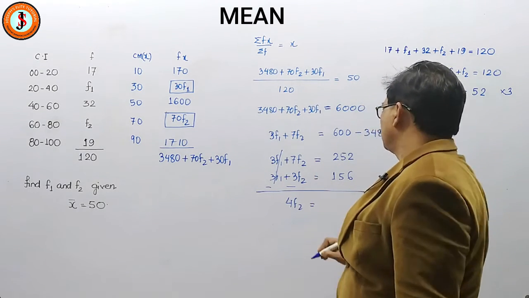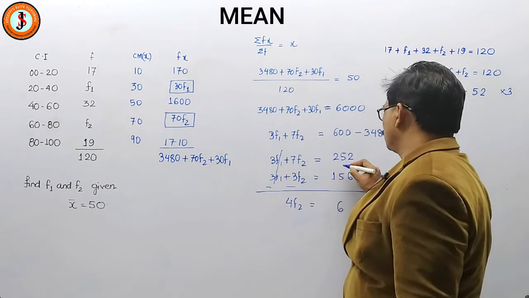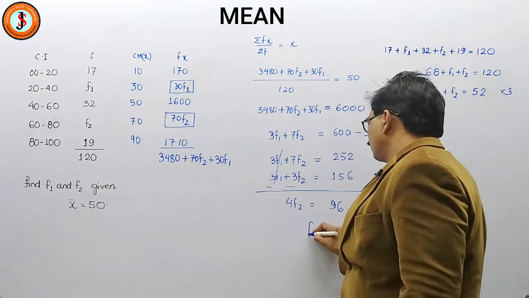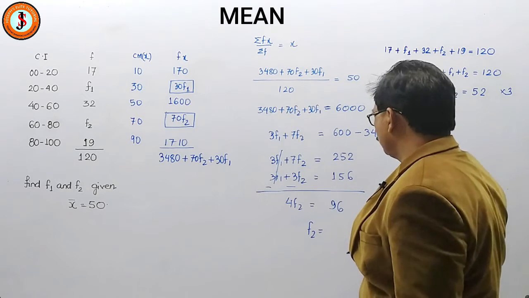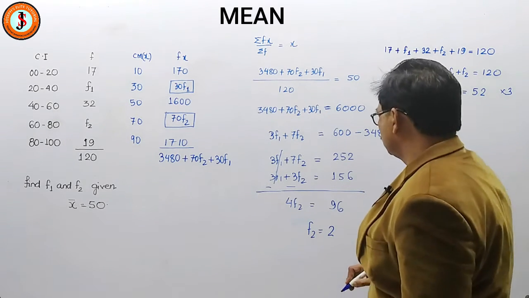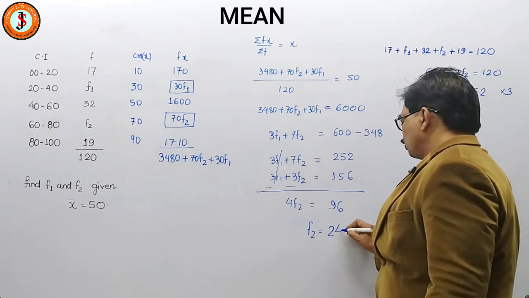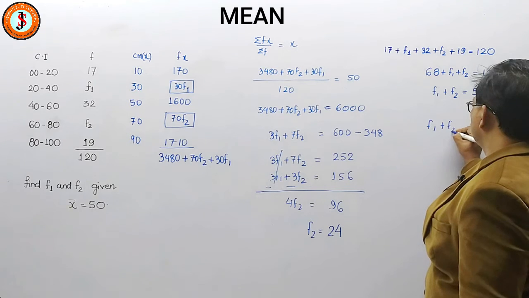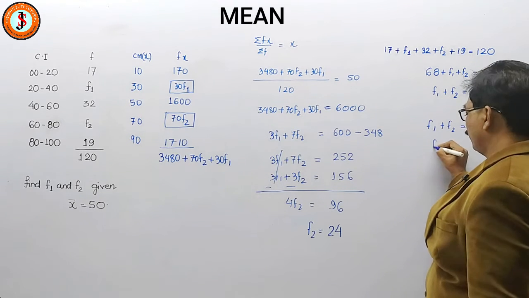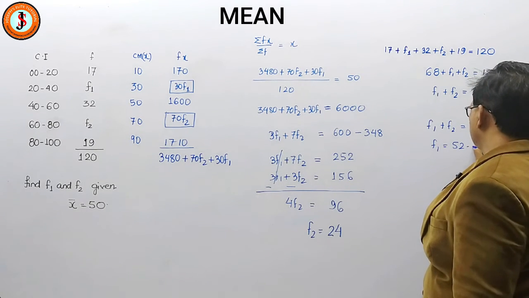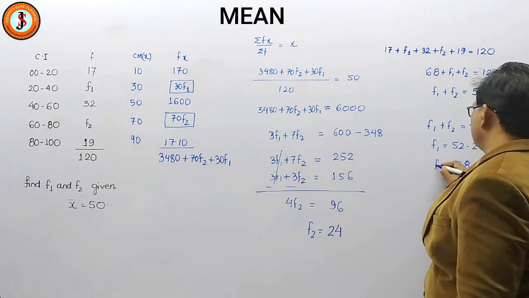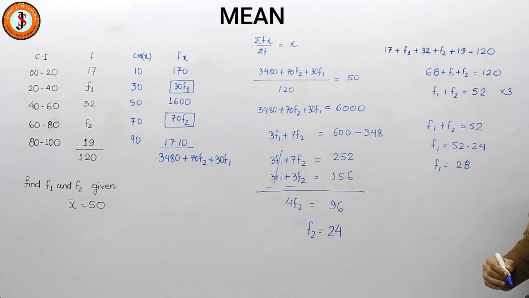And how much am I getting in here? 252 minus 156 is 96. So F2 is equal to 96 by 4, which is 24. And F1 plus F2 is 52, so F1 is equal to 52 minus 24. So F1 is equal to 28 and F2 is equal to 24, right?